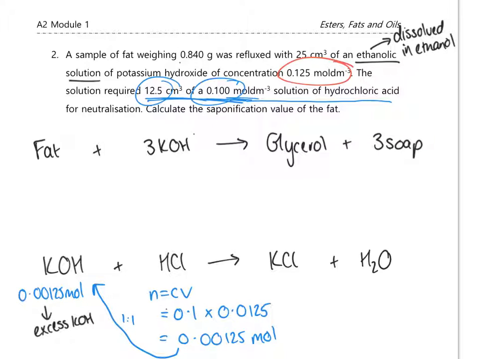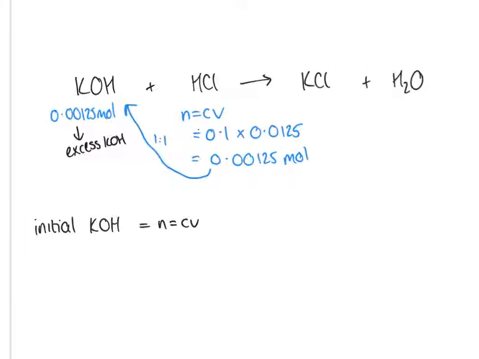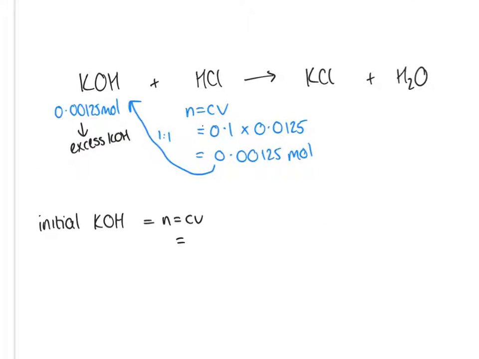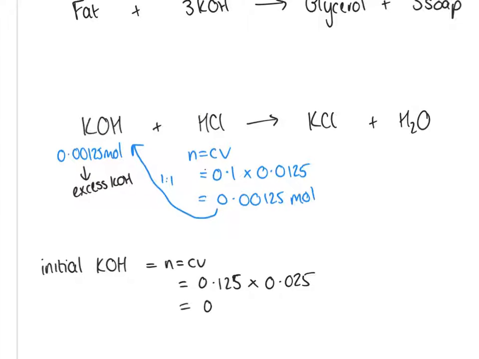How much of it did I have? 25 centimeters cubed. It's the concentration 0.125 times 0.025, which is 0.003125 moles. So that's how much I initially added.